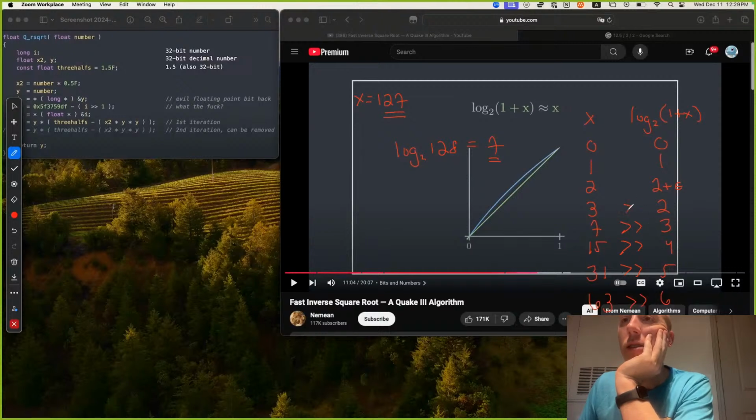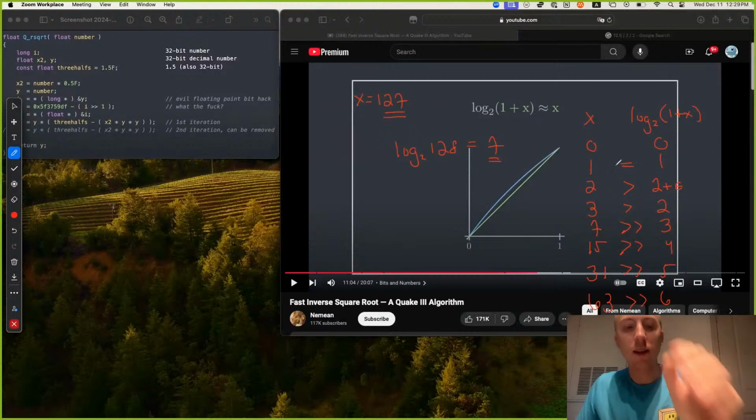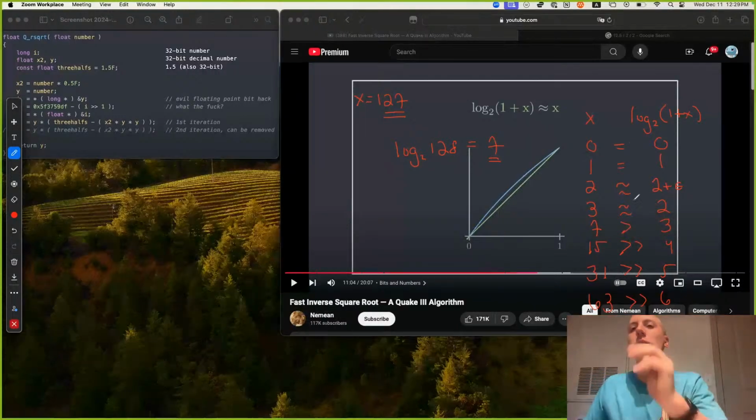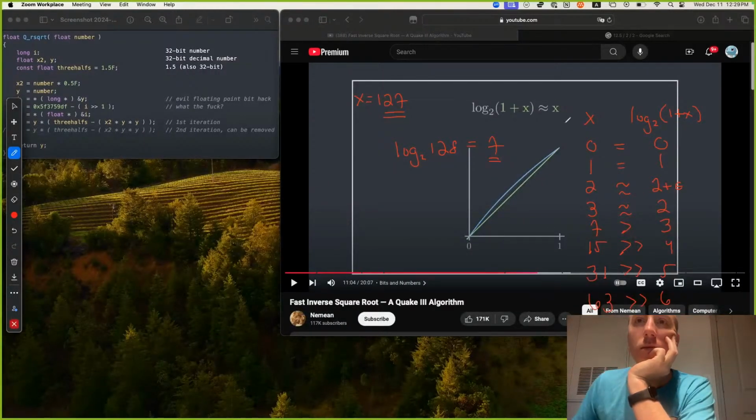And then this thing's greater, this thing's greater, this thing is equal. Actually, we'll almost say about 7 is greater, and then 3 is almost, and 2 is almost. And then 1 is exactly equal, and then 0 is exactly equal.